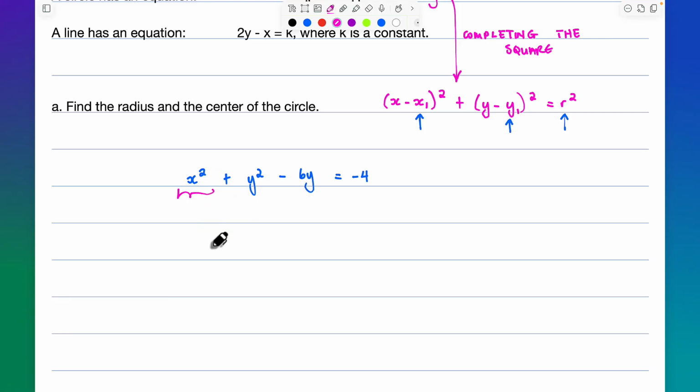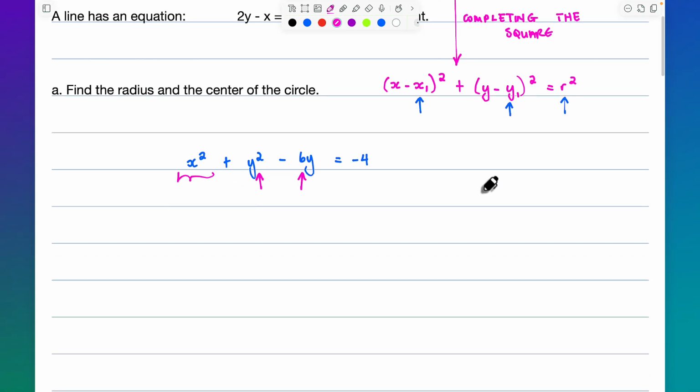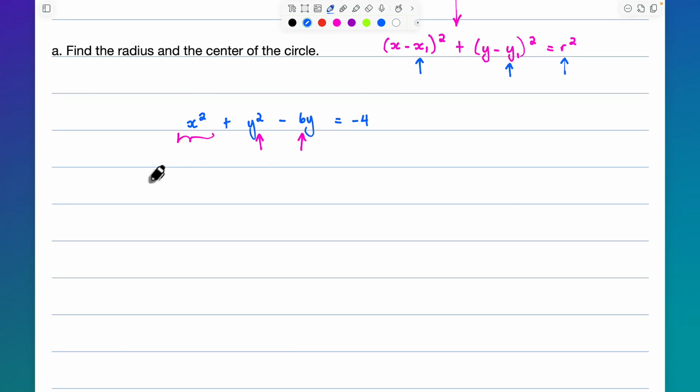There's no other term that has an x, which means no expansion has actually happened, so we don't need to complete the square with x. However, with the y expressions, contrary to x, we have a y squared, and then we have another term that has y. So we can compress these two using completing the square into this form. We can ignore our x.